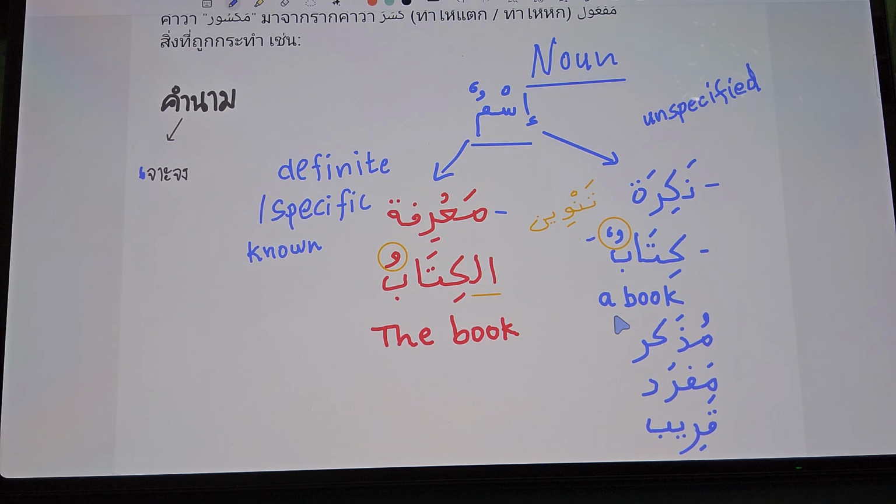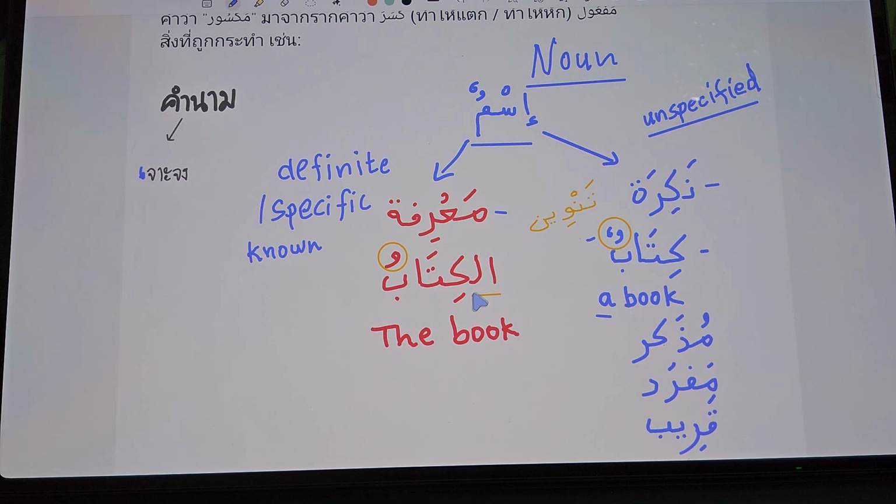In English we use a book, meaning a book. It is singular, and kitabun is also mudhakkar, masculine. When it becomes tanween, usually it is singular and not specified, a general book.